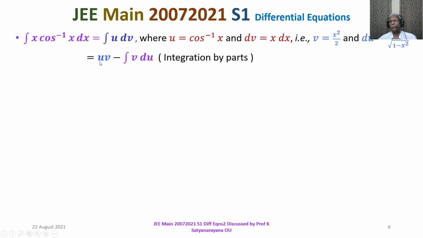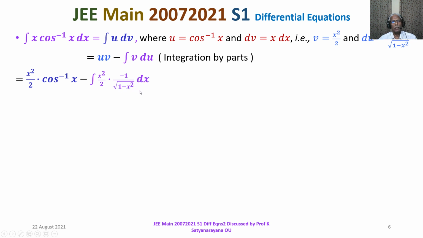And what is u? u is cos inverse x, v is x square by 2, minus integral of v, x square by 2, times du, minus 1 by root of 1 minus x square. That we have simply substituted here.